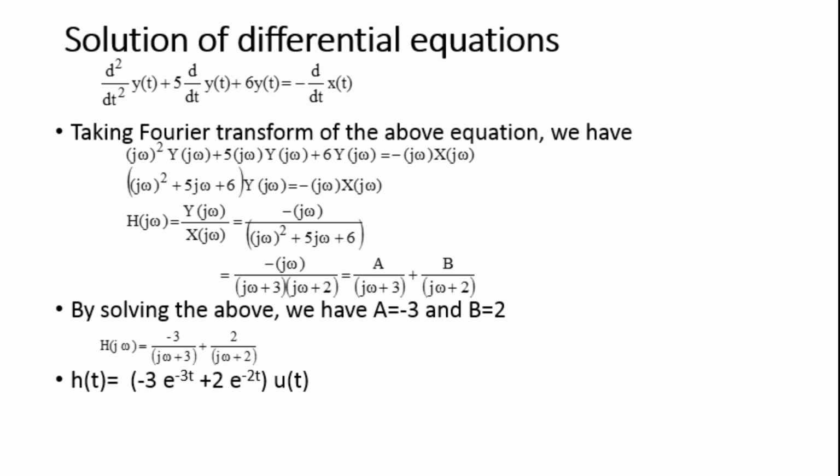Taking Y(j omega) common, we get ((j omega) whole square plus 5 j omega plus 6) Y(j omega), which is equal to minus j omega X(j omega).